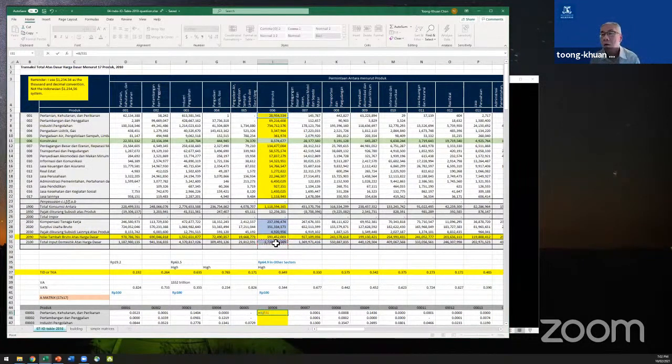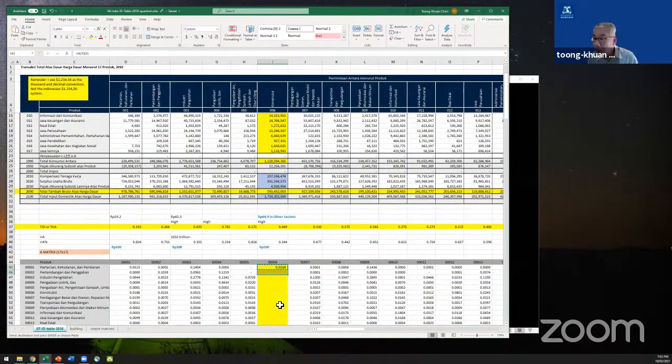Okay. And I press F4 once, twice. I press F4 2 times so that it remains at row 31. I then copy that and put it down here.